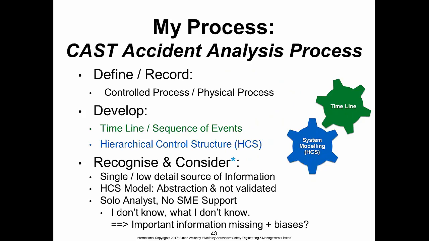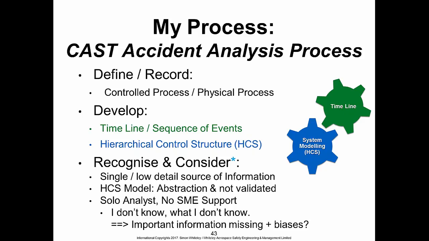Right, so first thing you do is define the control process or the physical process. Now this is essentially the part of your system where physical harm can occur or energy is released.